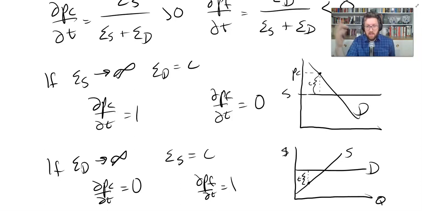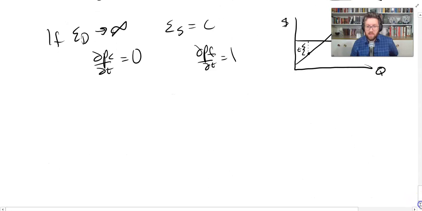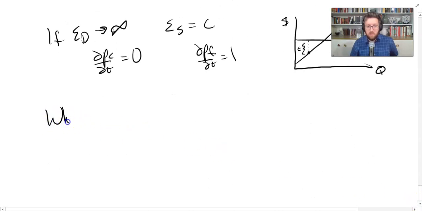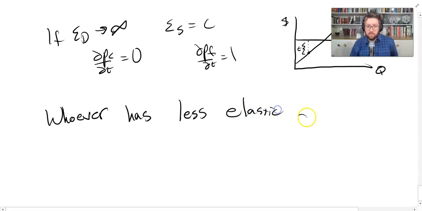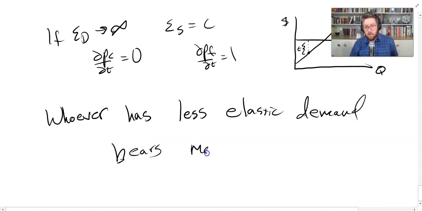And in the intermediate case, basically what this shows us is that whoever has the less elastic demand is the one who bears the greater share of the tax. They bear more tax burden.